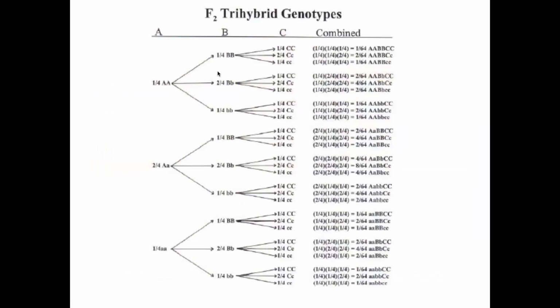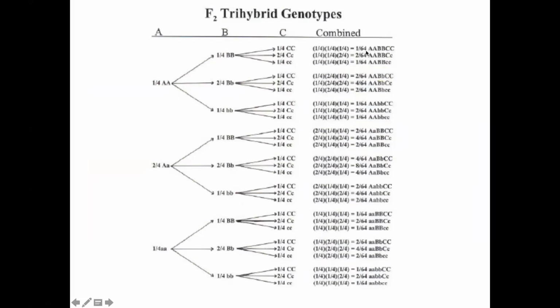Okay, so now we're analyzing a trihybrid. We have a third independently assorting gene. So you just continue to branch off from each of these endpoints. So again, of those that are homozygous dominant for A, and homozygous dominant for B, 1/4 should be homozygous dominant for C, 2/4 should be heterozygous for C, and 1/4 should be homozygous recessive for C. So you do all of these branches, you end up with a total of 27 endpoints.